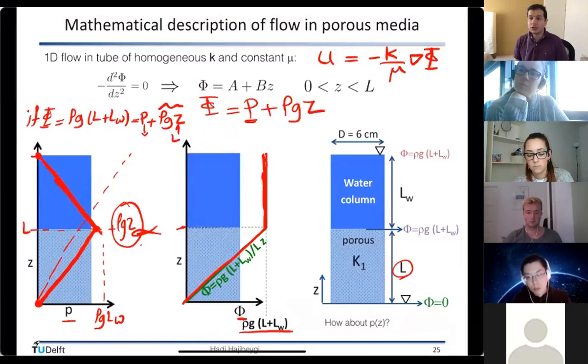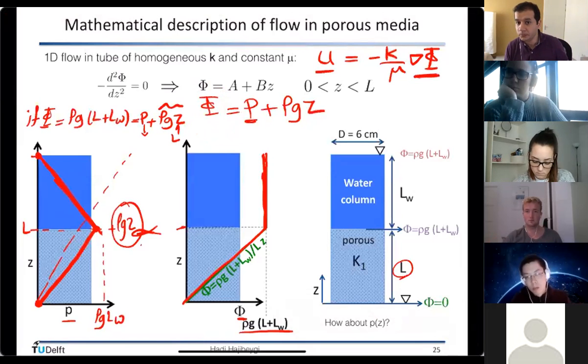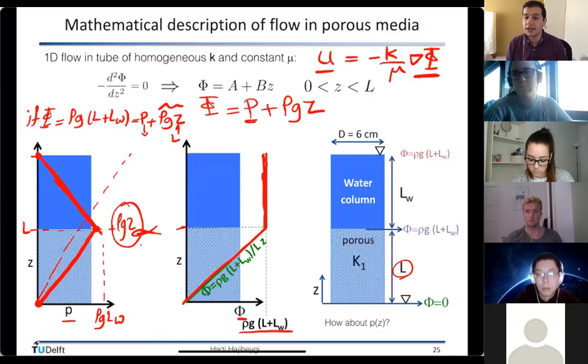Okay, so there is a major part, which is Darcy's law, proportional to the gradient of potential. And then potential has a thermodynamic part, which is pressure, and then a hydrostatic part, which is rho gz.